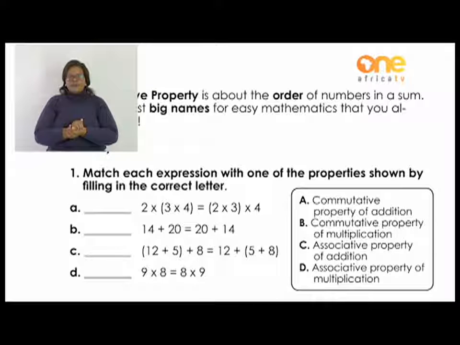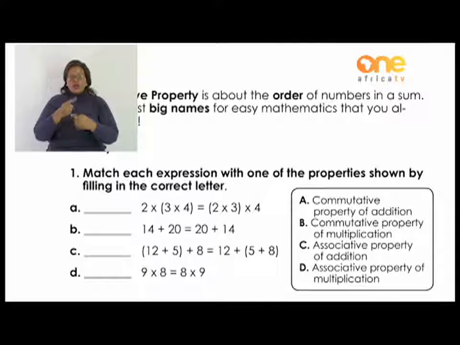Now, the first property there says commutative property of addition. The second one is commutative property of multiplication. So basically, both are commutative, but the first one, which is A, only has addition operations.